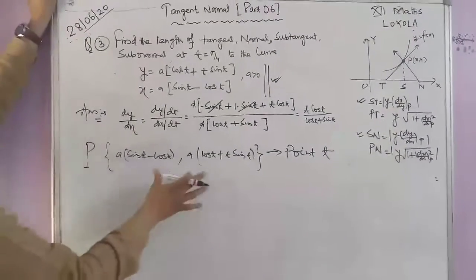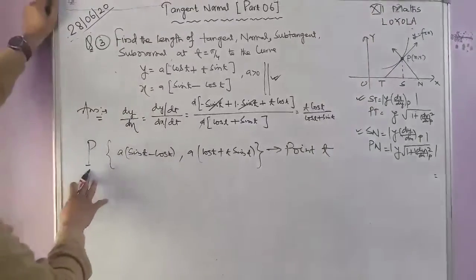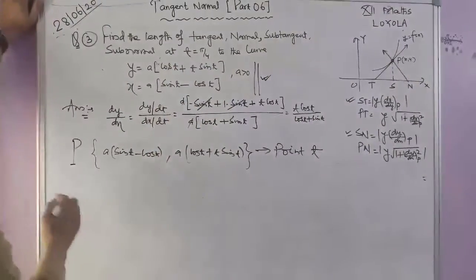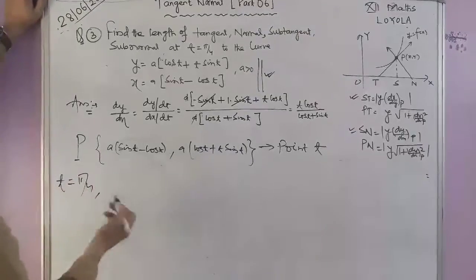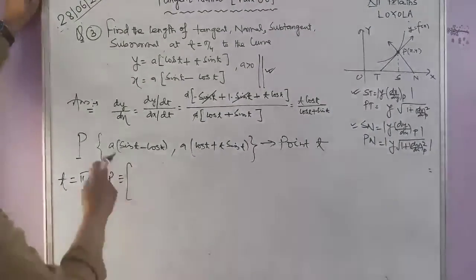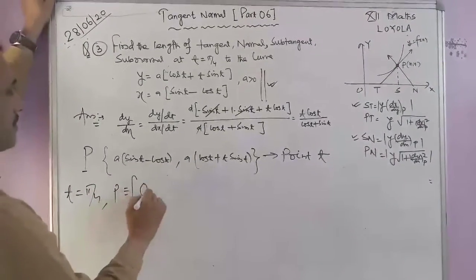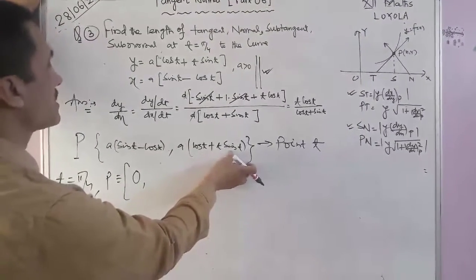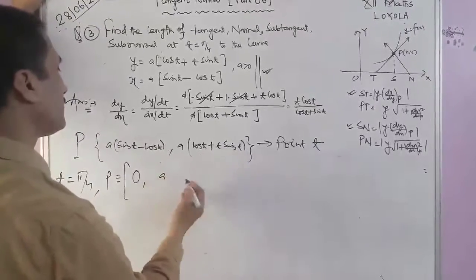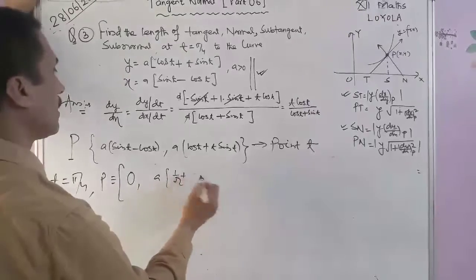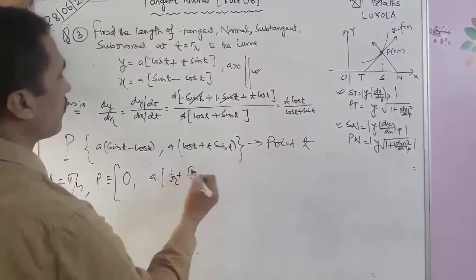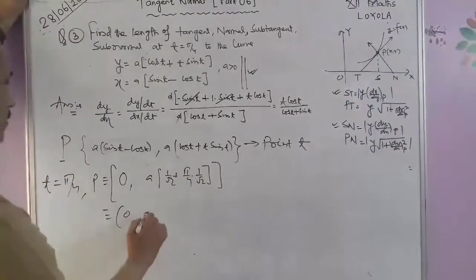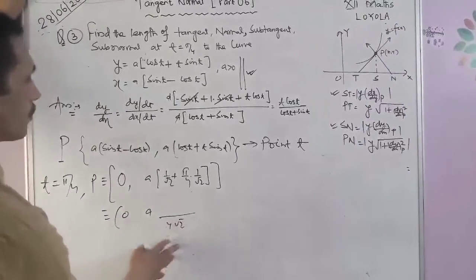If we take this ordered pair as point P on the curve, then when t = pi/4, this point P will be a(sin pi/4 - cos pi/4), that is 0, and a(cos t + t sin t) = a(1/root 2 + pi/4 times 1/root 2), that is a(4 + pi)/(4 root 2).